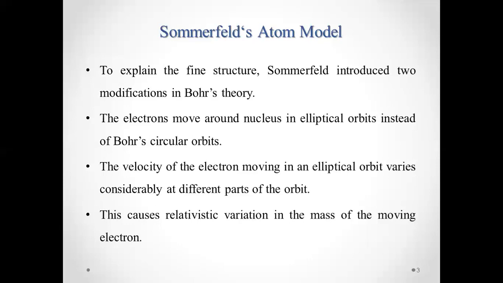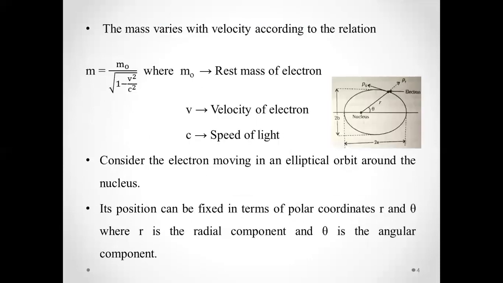The second modification is that this variation in velocity introduces relativistic variation in the mass of the moving electron.